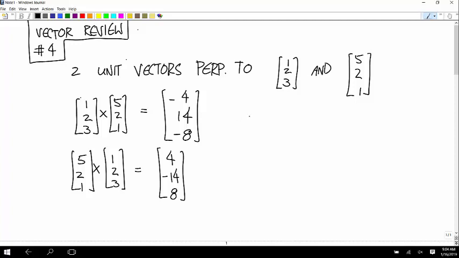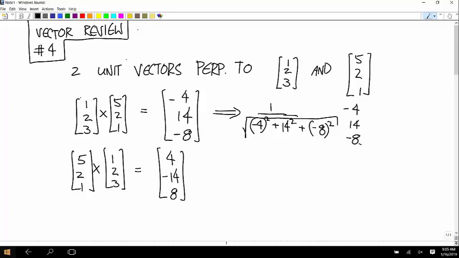But otherwise, the way to do it is the magnitude of that vector. So 1 over the length of that vector times that vector. And anybody have those numbers in front of them?